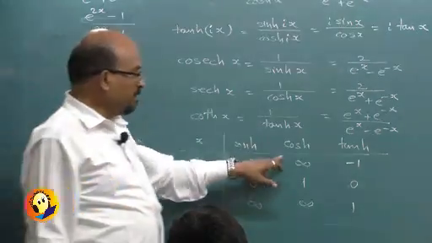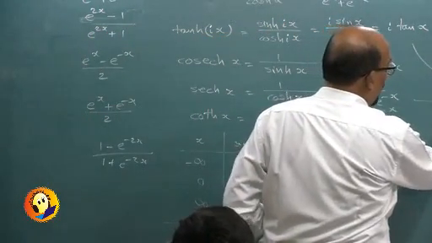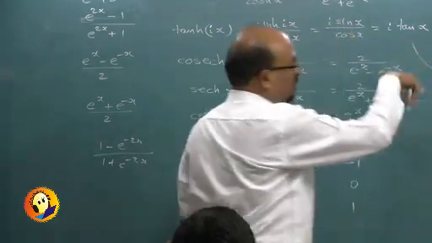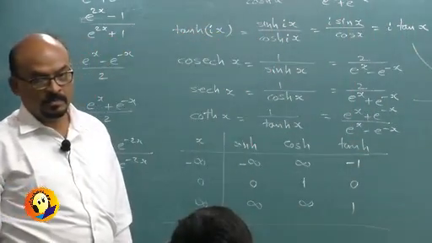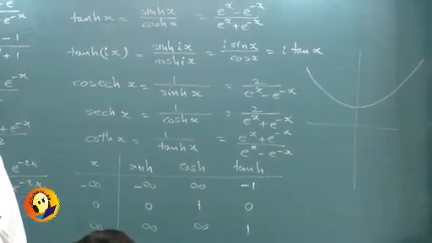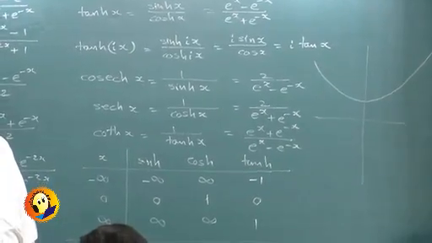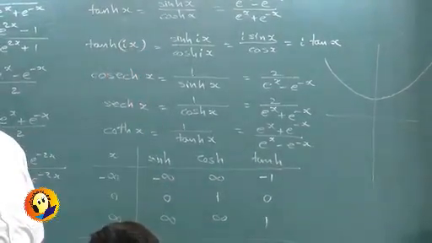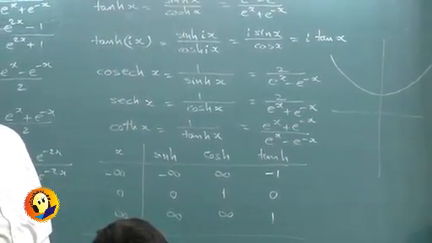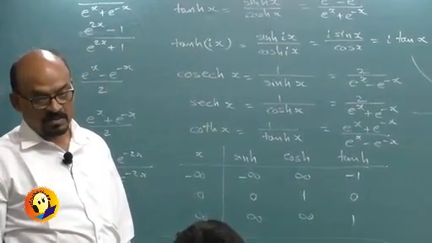This particular curve, cosh, is actually called a catenary, and this is the curve for cosh. At minus infinity it is plus infinity, at 0 it is 1, and it again goes to, not a parabola, it is continuously increasing. We have a topic called curve tracing in M2, where we are required to trace the curves.